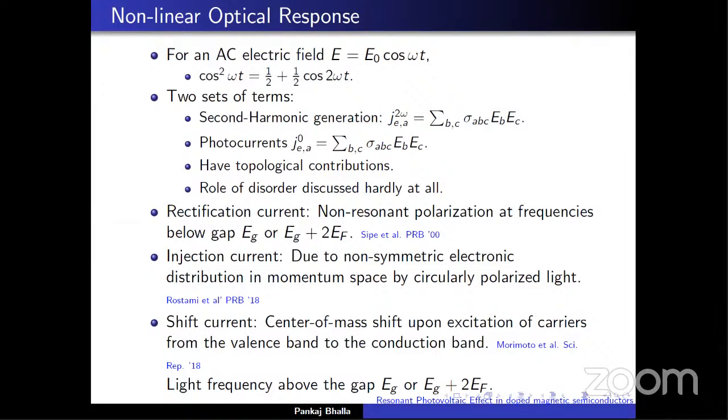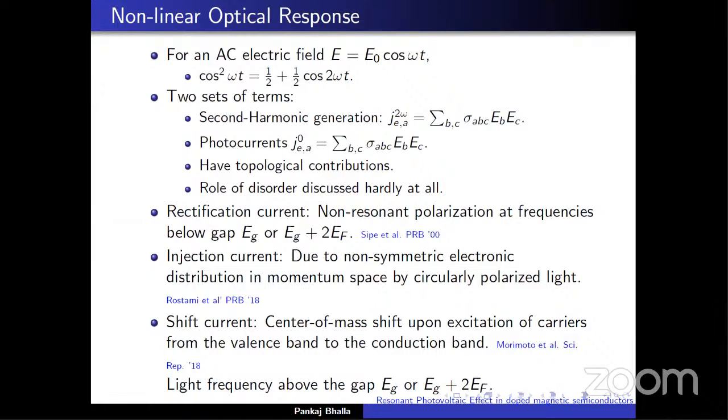The second current is the injection current, which generally occurs due to interference effects. How can we understand this? Let us assume that we have two different waves, or two different beams or optical pumps, one with energy h bar omega, another with twice h bar omega.